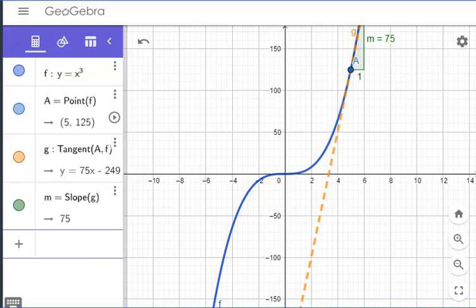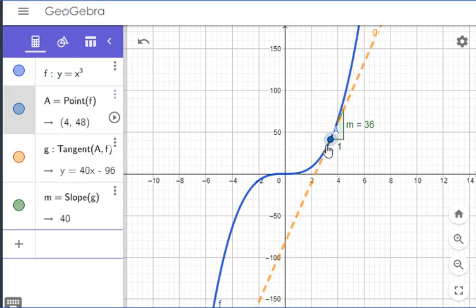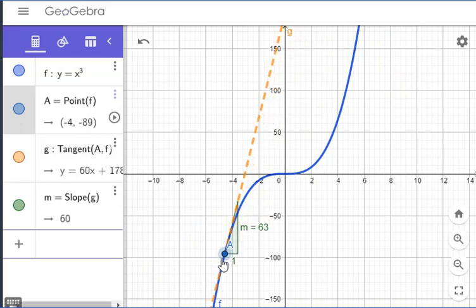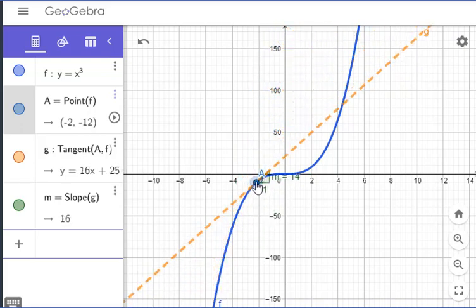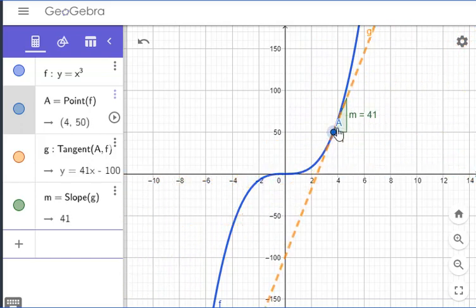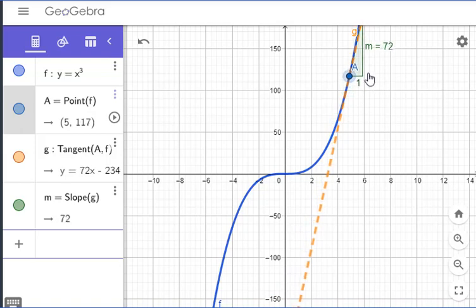Now let's investigate the graph y equals x to the third power. We move this A, then you check the sign of the slope of tangent line. You could draw a conclusion that slope of a tangent line is all greater than or equal to 0.